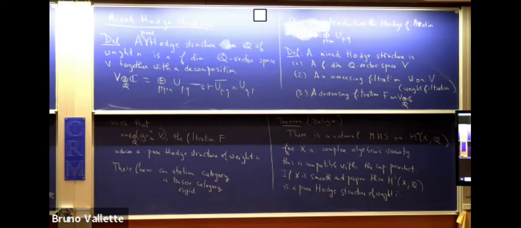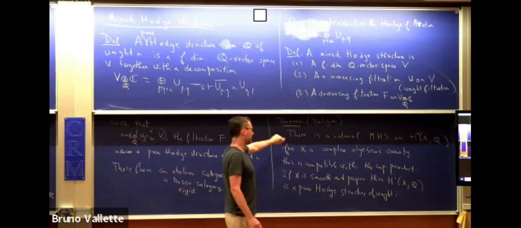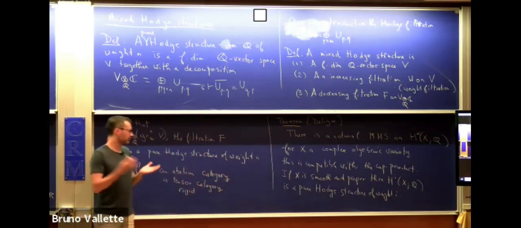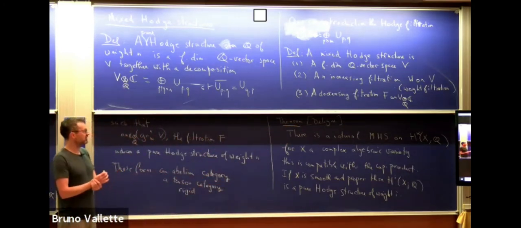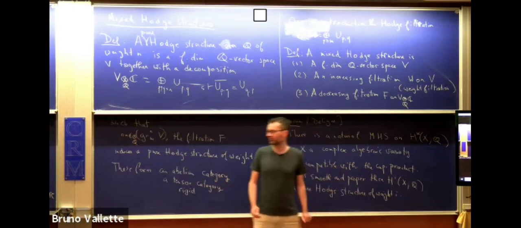And in general, you can construct the mixed Hodge structures on non-proper algebraic varieties by inducing it from the case of proper algebraic varieties.